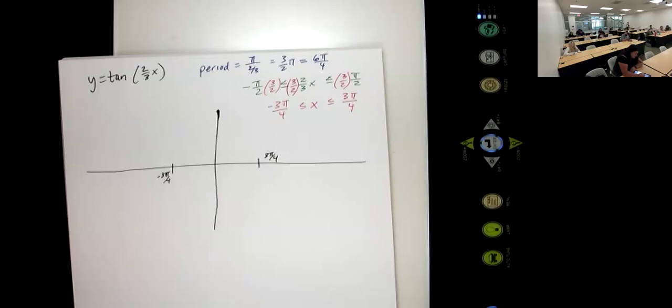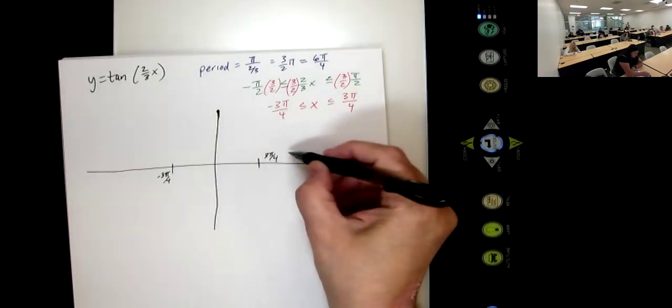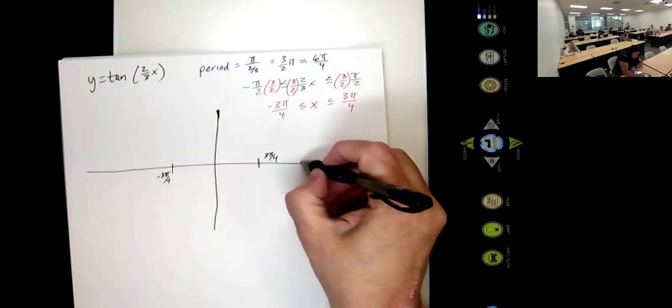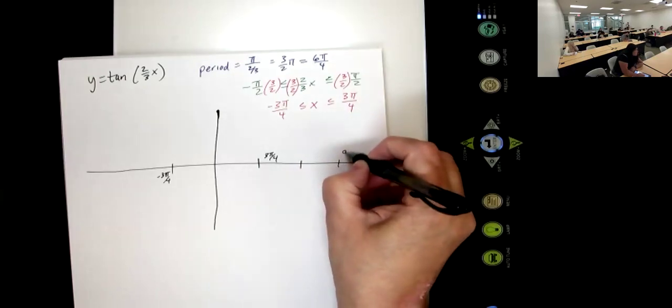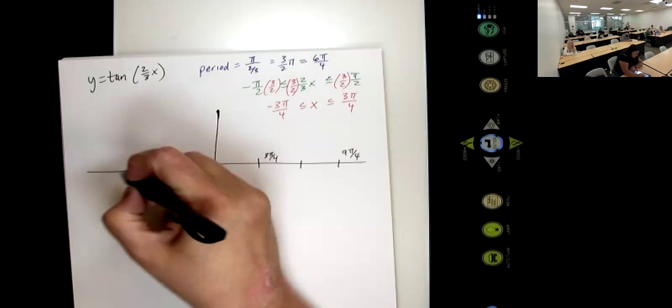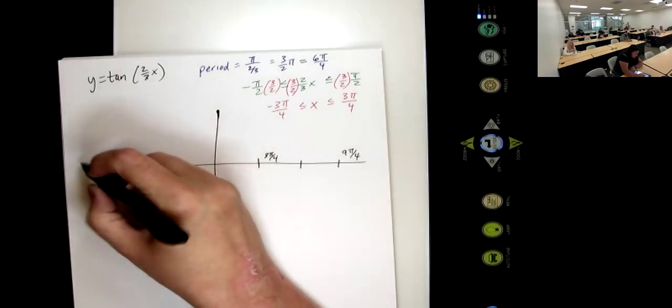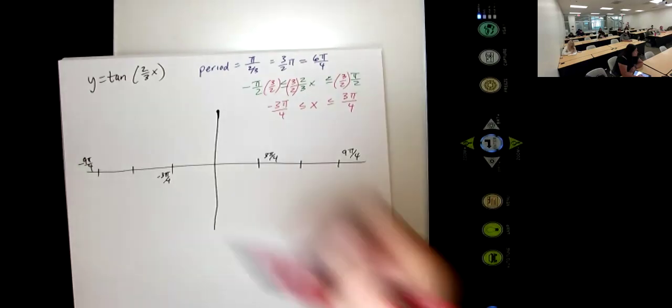If I add 6 pi over 4 to that, I have 9 pi over 4. If I went the other way, I would have negative 9 pi over 4. That'll give me my asymptotes to put in.